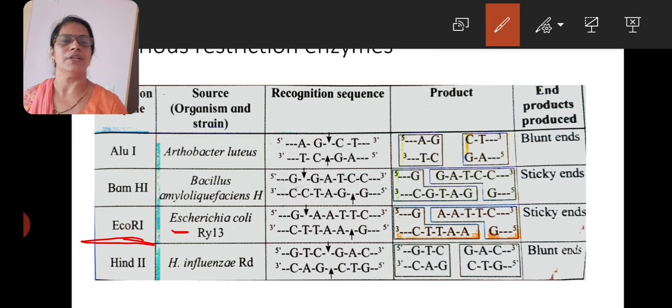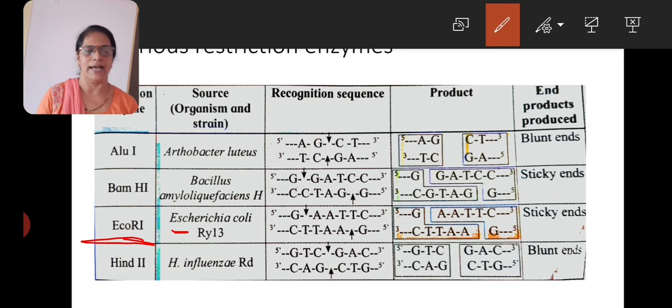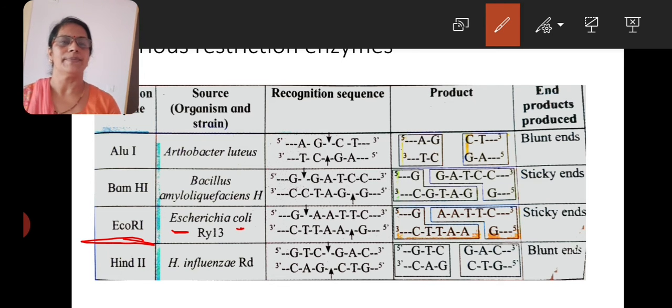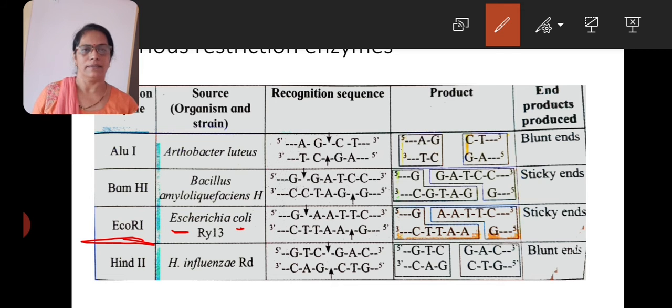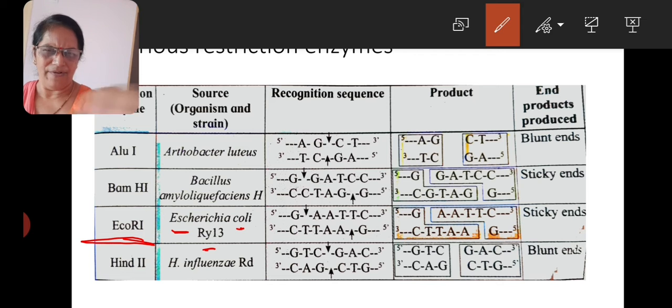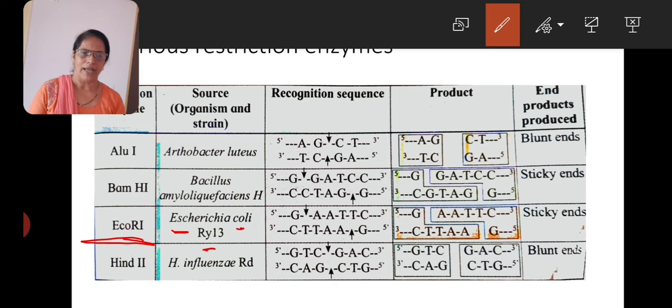Escherichia is the genus, and the first letter of the genus is given, and the first two letters of the species are given to that restriction endonuclease enzyme. And the R stands for the strain of that bacteria, and the Roman numeral I stands for the type of enzyme which is discovered.